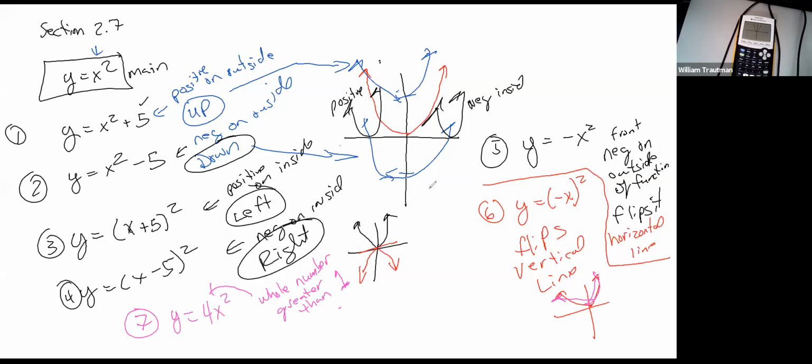Did I say there's only 5 or 6? There's 8. Number 8 is y equals 1/4 x squared, a fraction less than 1. So here's number 7, and here's number 8. Let's see what happens when we put a whole number, and then let's see what happens when we put a fraction.